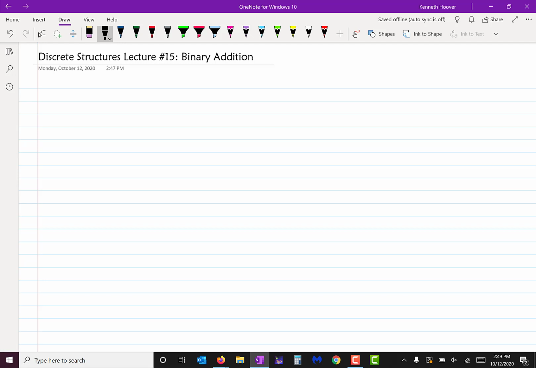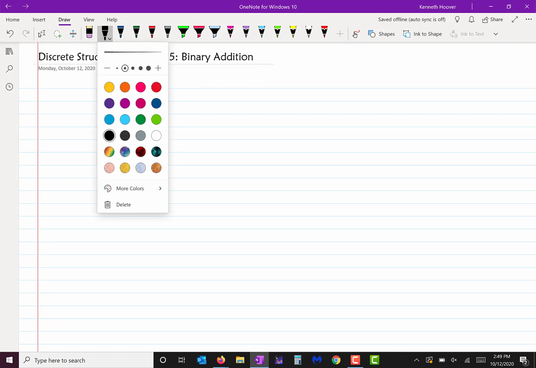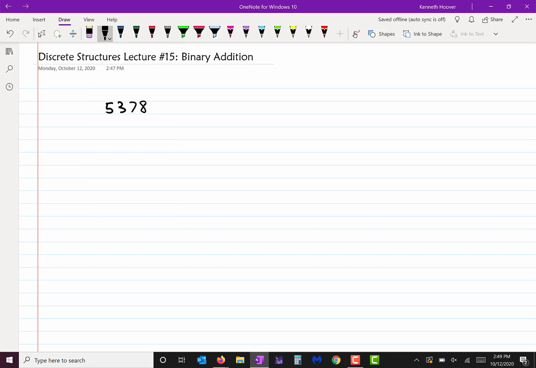Let's take the number 5,378 written in base 10, which means the decimal system, the one that we're used to. So I'll put a little 10 down here to represent that. So what is that really?